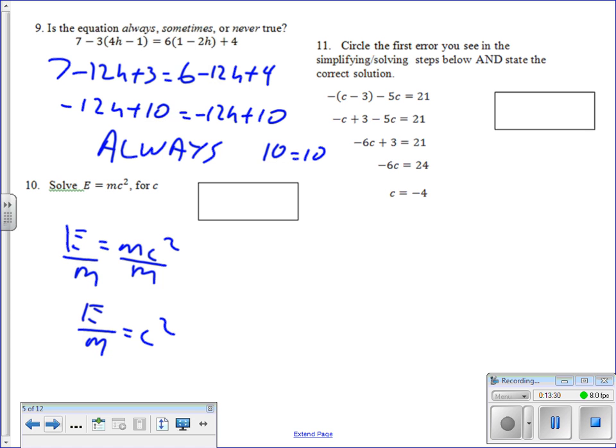Okay, how do you undo a square? Square root. Square root both sides. And you get c equals the square root of E over m. Okay. So the speed of light is equal to the square root of energy divided by mass.